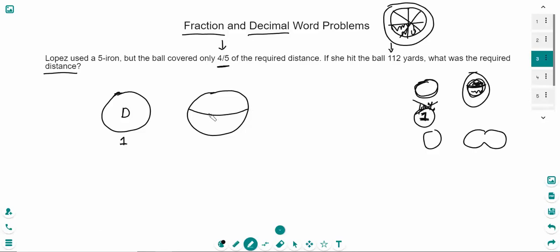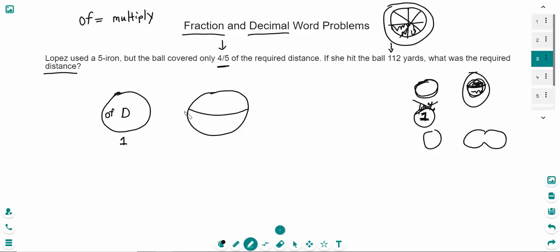Well, it's a part of the distance. And actually, it's a good idea on these ones to write the "of" over here. I know we did that on some of the percentage problems, but it is a good idea, actually. I think it'll help you if you do remember to write that "of" right there. And remember, "of" always means what? Multiply in algebra.